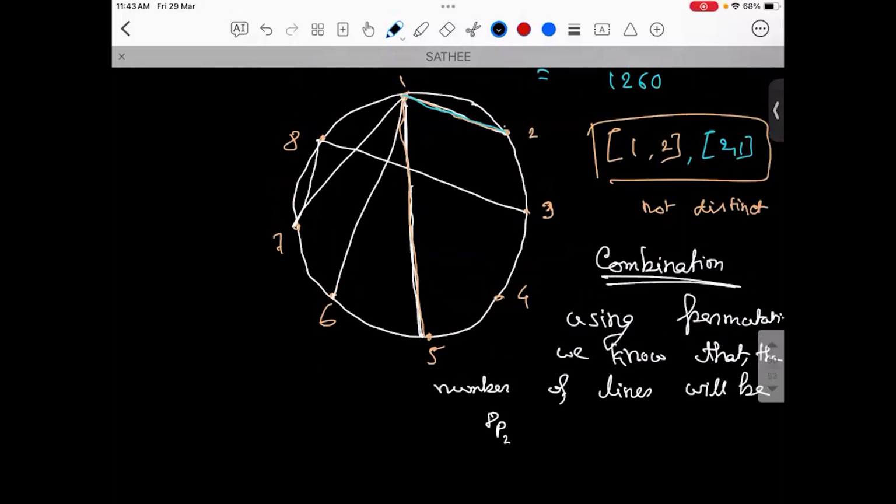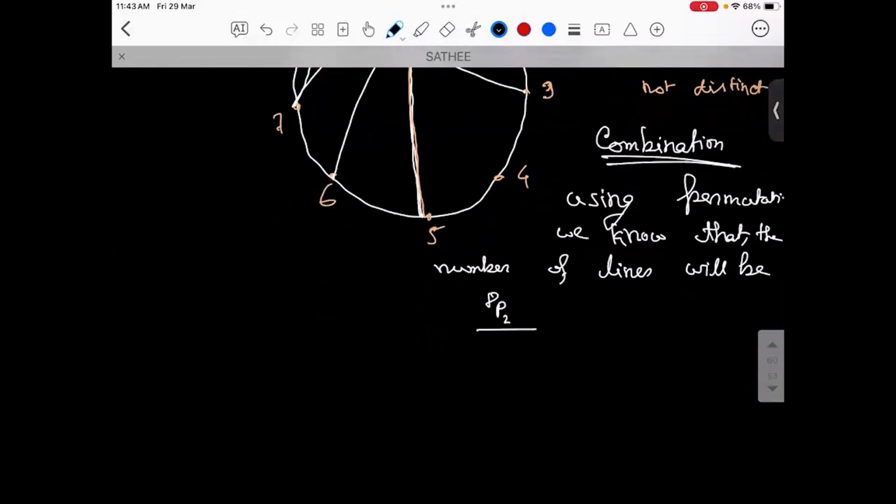Now what I have discussed is that in the permutation case, we are considering these 2 cases as 2 distinguished cases, but this is not the case for combination. So we will divide the whole number by 2 factorial. Why 2 factorial? I discussed that at the beginning of the lecture. Because we are getting 2 factorial times extra cases. To get the actual number of distinct cases, we need to divide by 2 factorial.